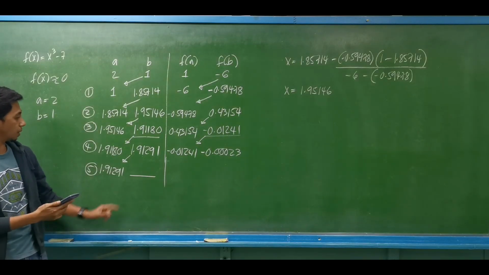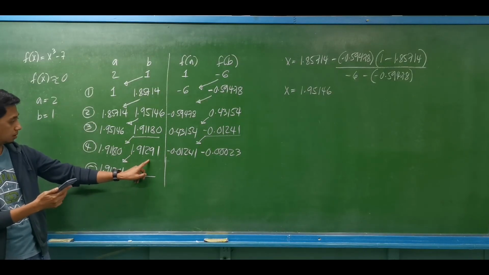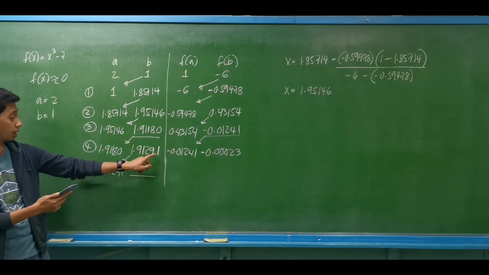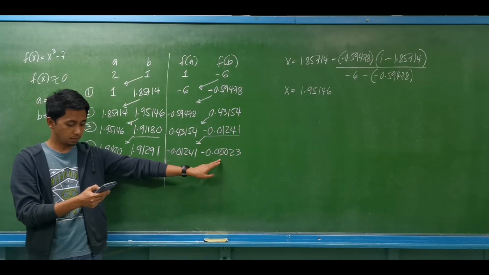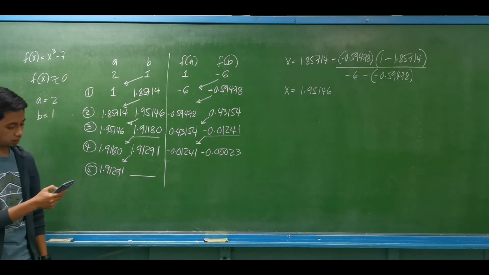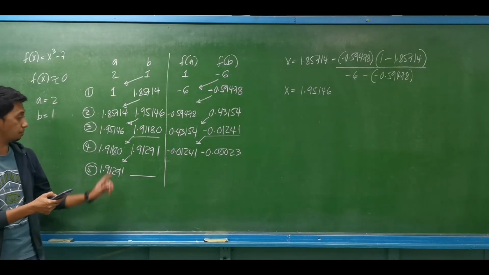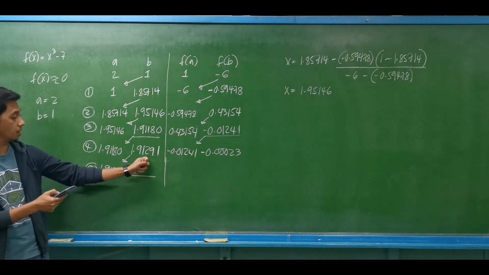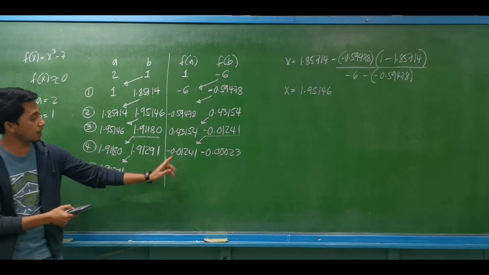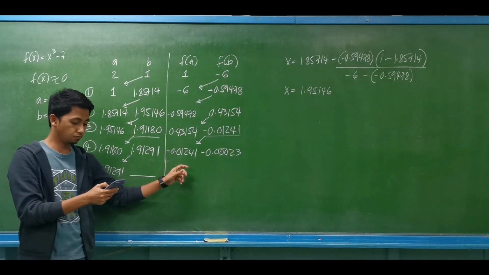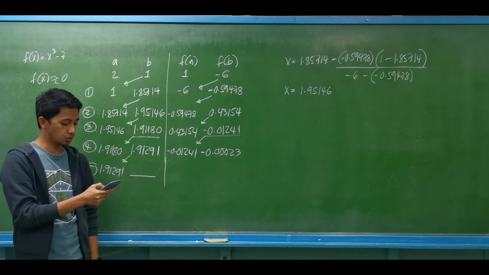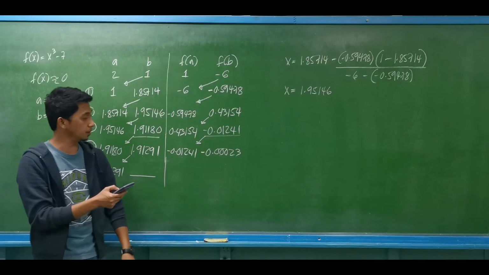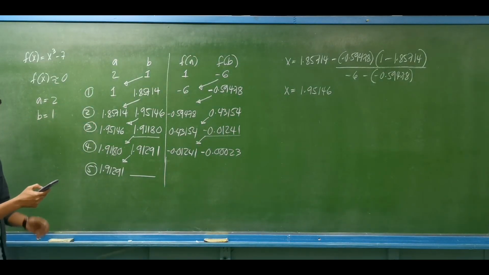Alright, so we just repeat. We have 1.91291 minus f of b, which is negative 0.00023, multiplied by a, 1.91180, minus b, 1.91291, all over f of a, negative 0.01241, less f of b, we have negative 0.000203.